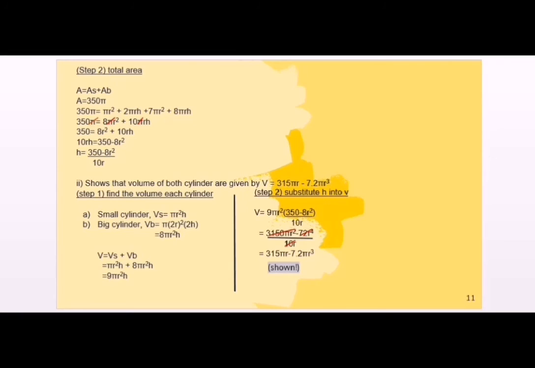We substitute h from the previous question, which is 315 minus 8 r squared over 10 r. So we write V equals 9 pi r squared times 315 minus 8 r squared over 10 r. After we simplify, we get V equals 315 pi r minus 7.2 pi r cubed. So it is shown.